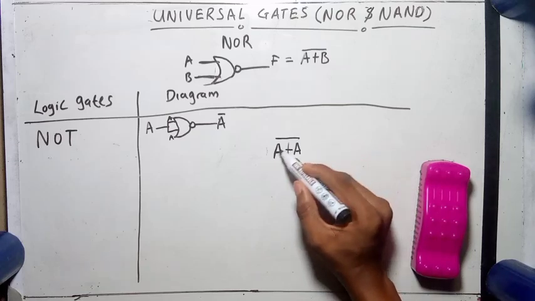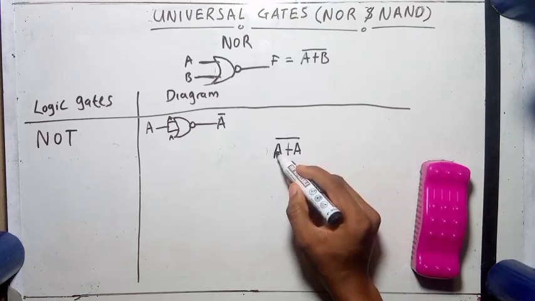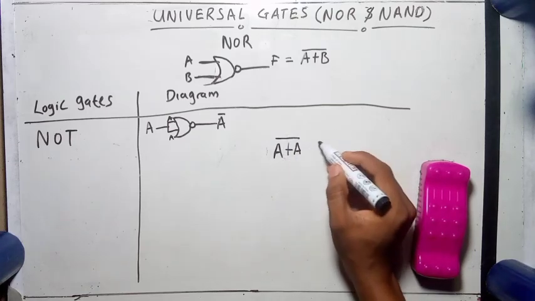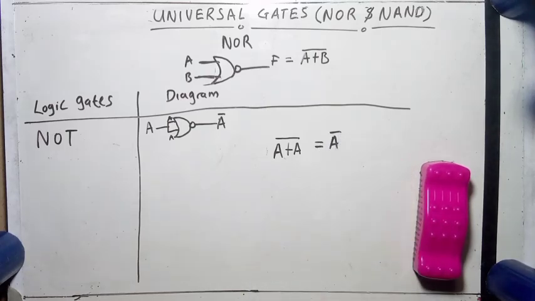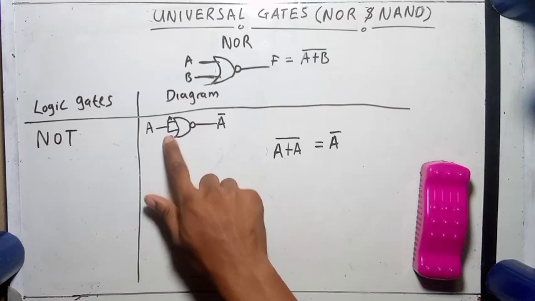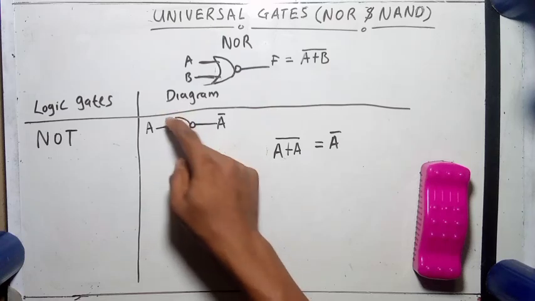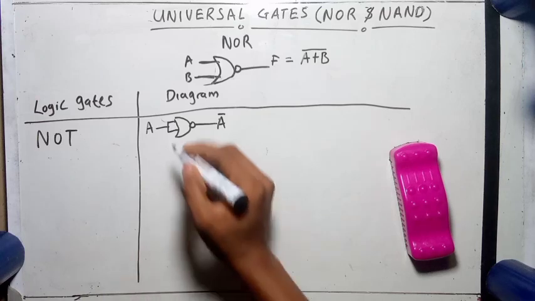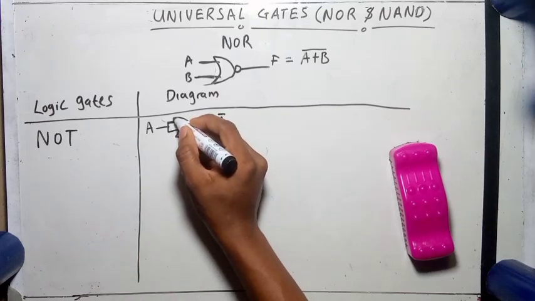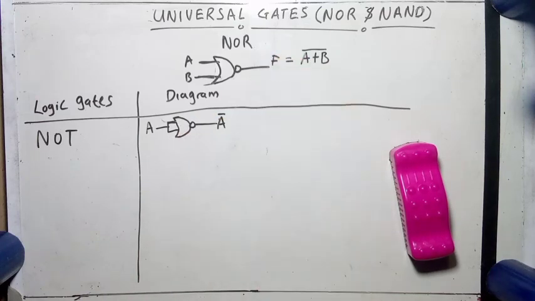And in logic expressions, when you are adding the same variables, you just take one. This is equivalent to A bar. So this has been proven: this is the logic expression of your NOT gate, using your NOR gate to represent it.